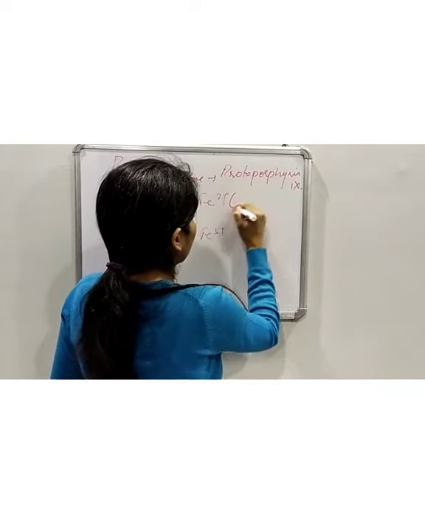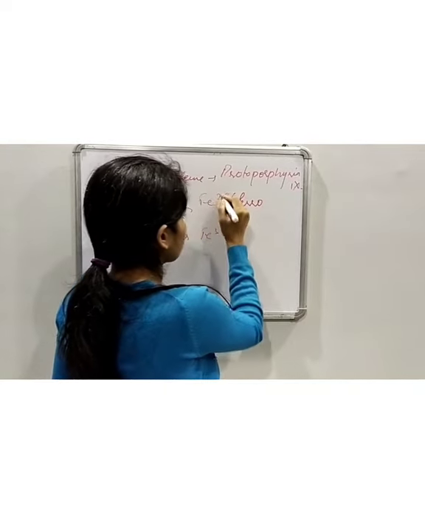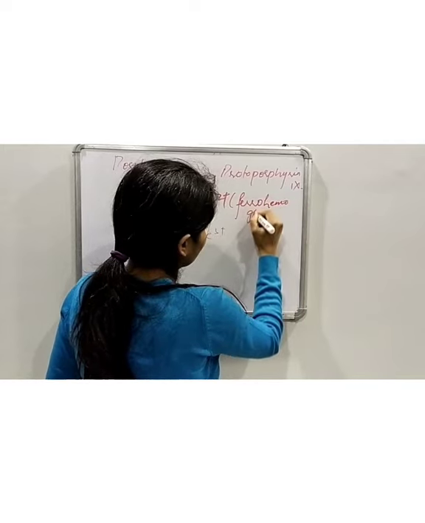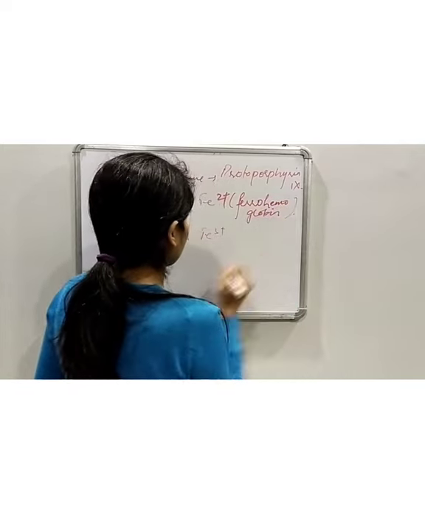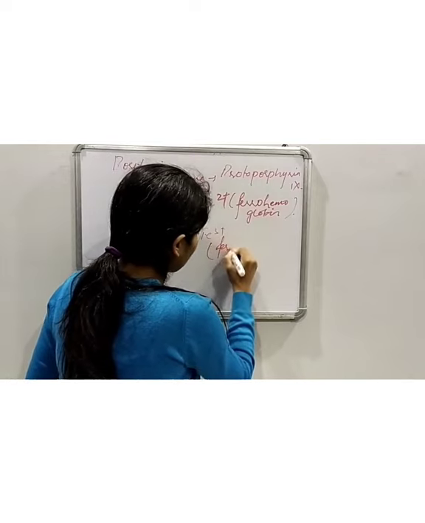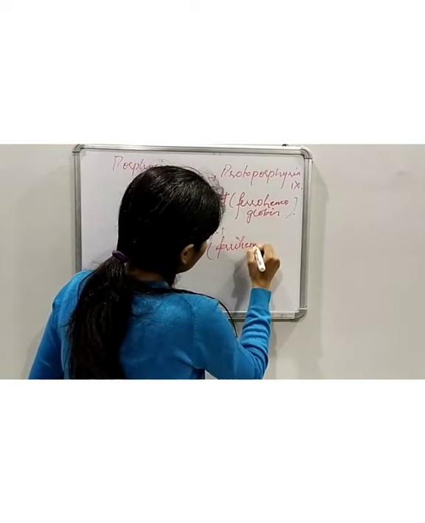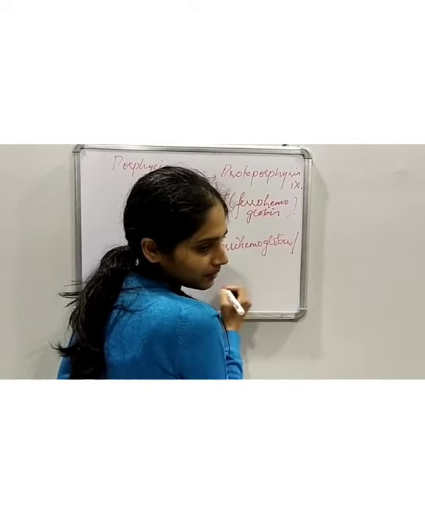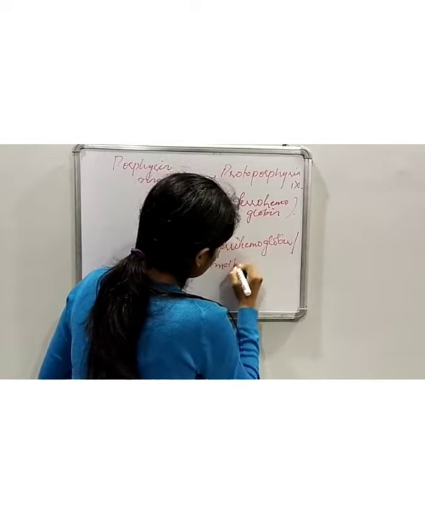The one with Fe2+ is ferrohemoglobin, and the one with Fe3+ is ferrihemoglobin, also known as methemoglobin.